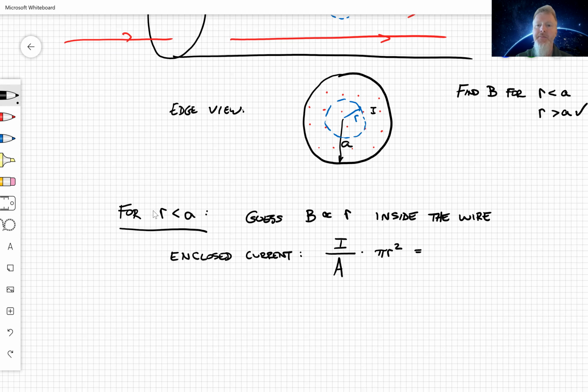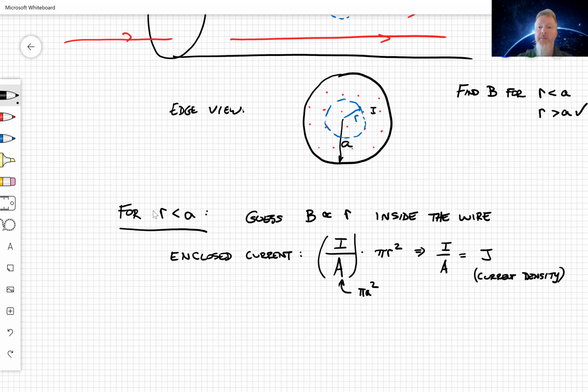So this thing here is pi a squared. That's the cross-sectional area. We call I divided by the area the current density J. That's the current density, and it's in amps per square meter if you like.